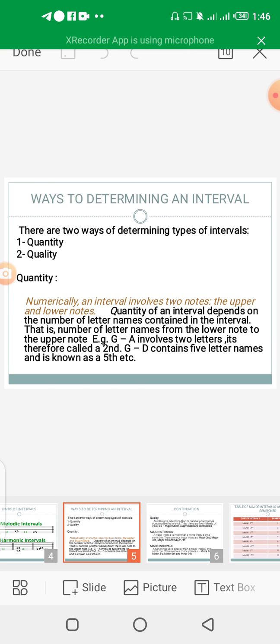Okay. So let's look at ways to determine an interval. Now, there are two ways of determining types of interval.